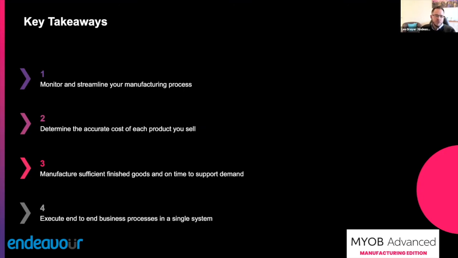You'll also be able to produce enough finished goods to support that demand based on using MRP and things like that. And since the manufacturing edition is not a standalone product, but an integral part of the ERP system, all of these processes automatically flow through to the financial backend, which means it's all sitting in one product.